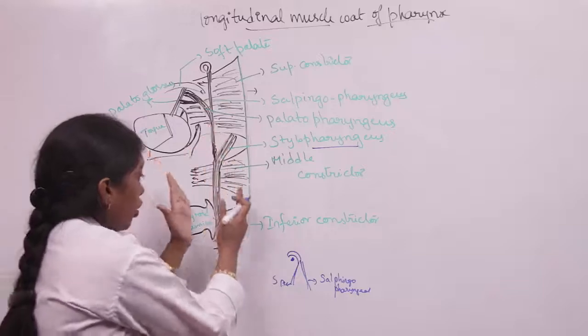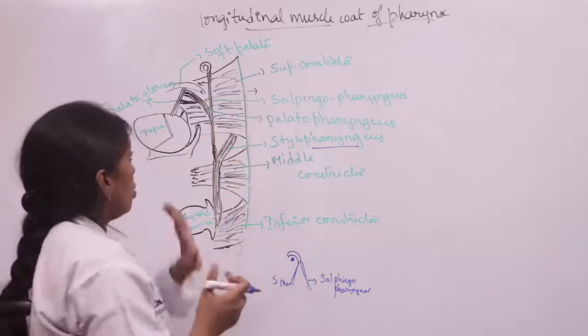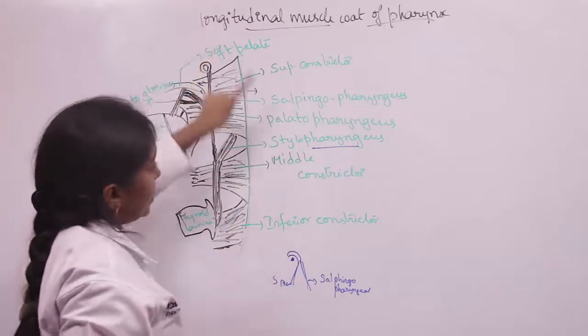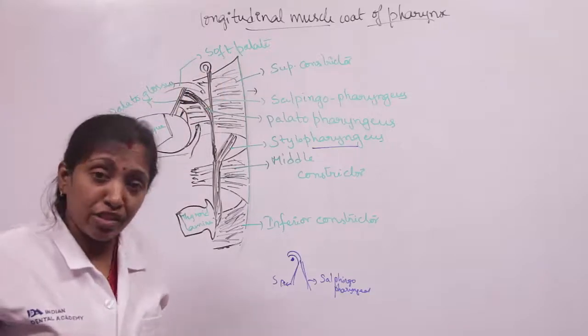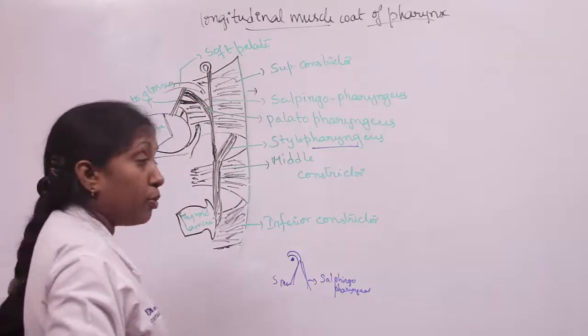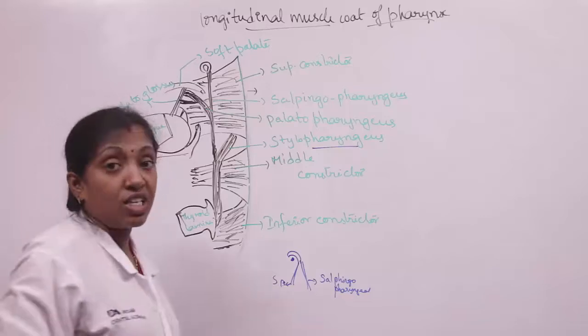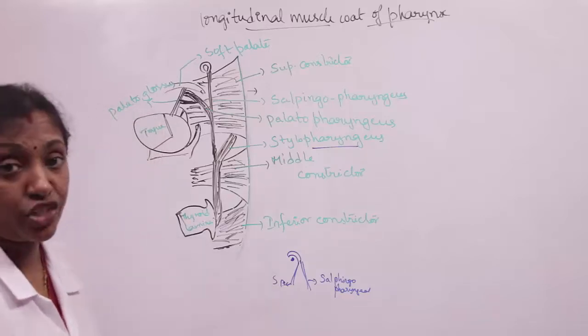So these are the three longitudinal muscles of pharynx. One is stylopharyngeus, which arises from the medial surface of the styloid process of temporal bone. The next is salpingopharyngeus, which arises from the tubal elevation.